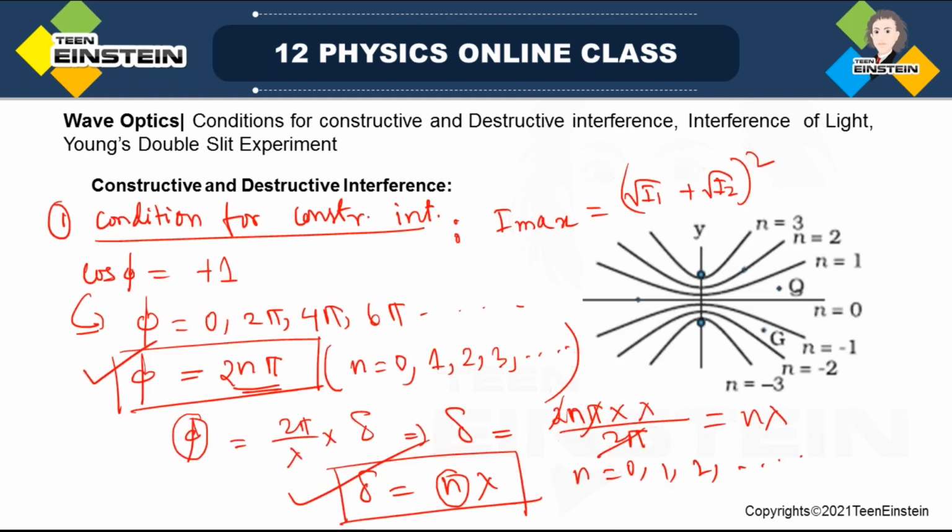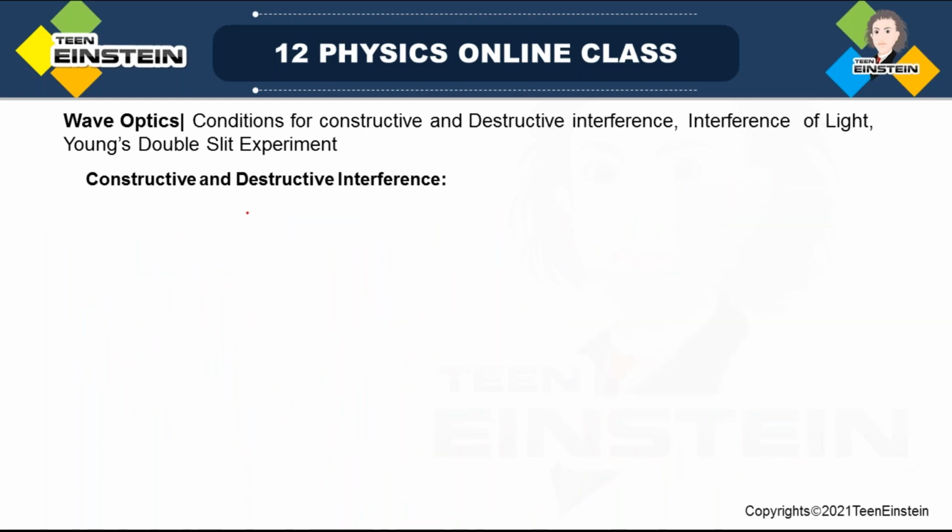I'll just go before that. Let us first write the resultant intensity that we had got. So I1 plus I2 plus 2 into root over I1 into root over I2 and cos phi. This is what we had.